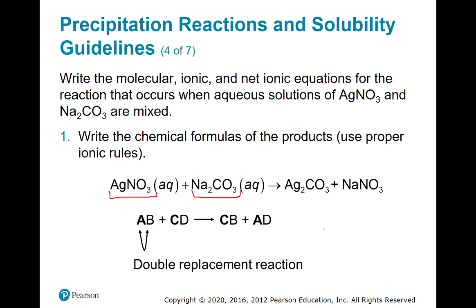Now, how do we determine what the products are? Essentially what we're going to do is swap how the cations and anions are paired. All ionic compounds consist of cations and anions, so we're not going to combine a cation with a cation or an anion with an anion, but for instance, in our reactants, silver is combined with nitrate.